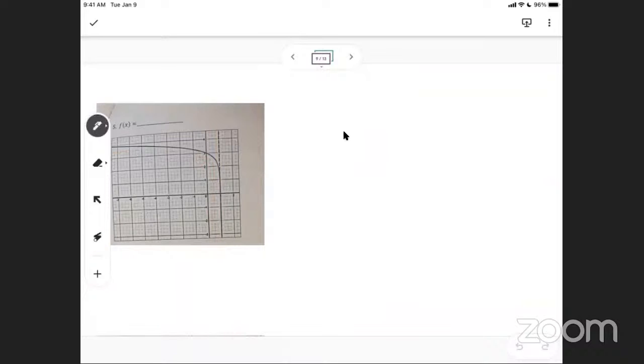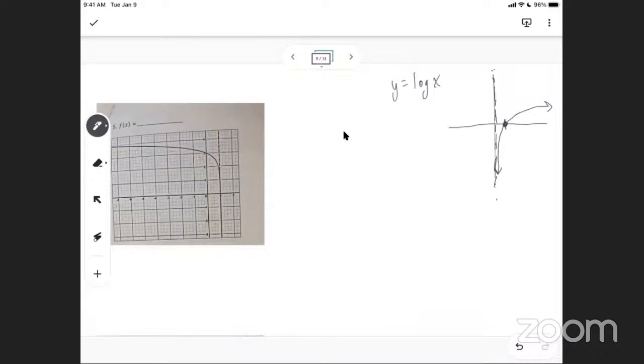Yes. So your base log function, y equals the log of x, looks like this. It's got a vertical asymptote at the y-axis, and it goes through the point (1, 0), and it approaches it here, and then it goes off this way.